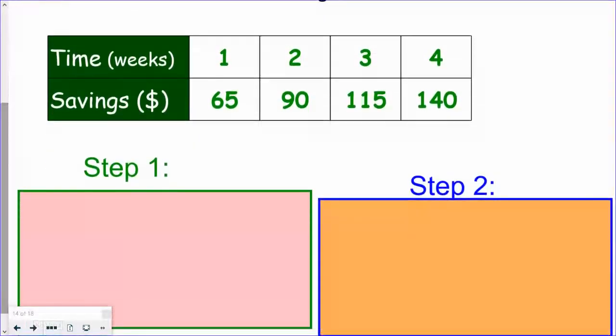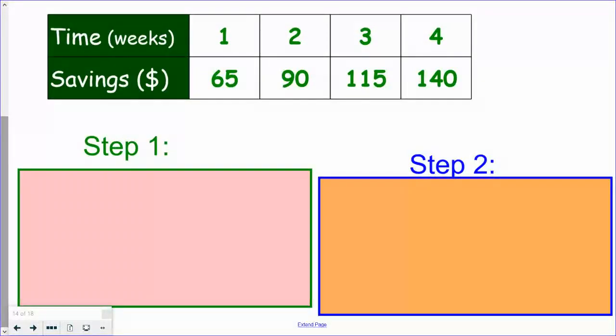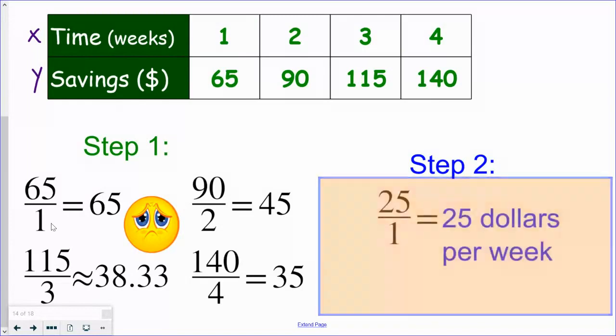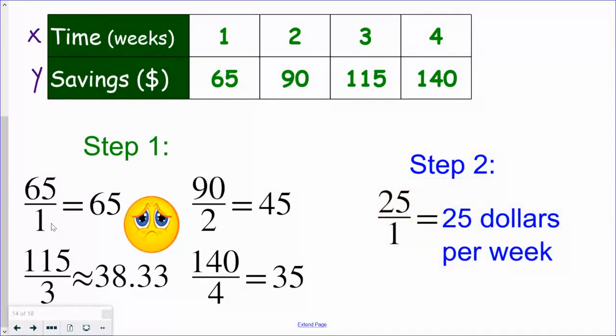Okay, step 1, we take our y's and divide it by x. We don't always get a proportional. Remember, x is always on top and y is always on bottom. But since they're not equal, we kind of have to go to step 2. And step 2 is where I figure out, okay, how did we change going from here to here?